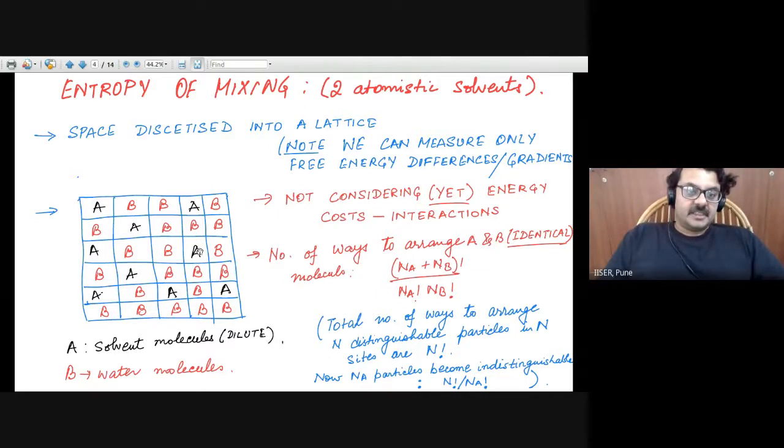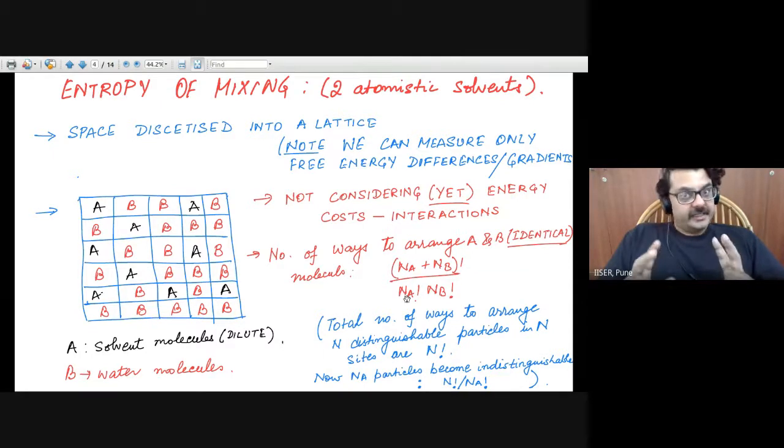You would see that the number of A molecules is considerably less than B. Each A is surrounded by B particles. And what are the total ways to arrange A and B particles in a lattice with, suppose, n lattice points? That is essentially just the number of A particles plus the number of B particles, factorial.